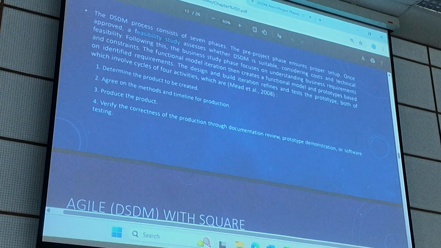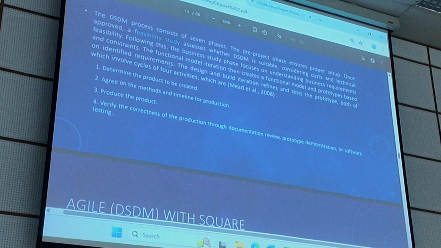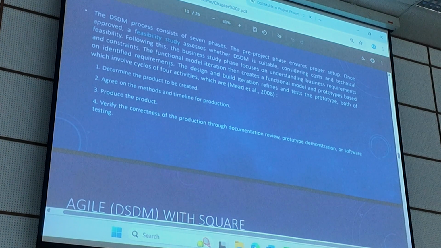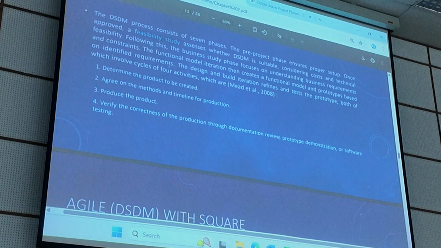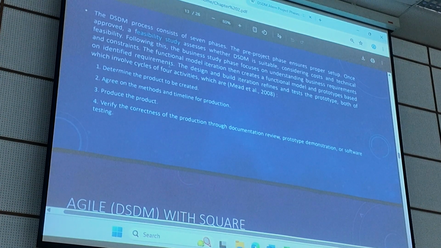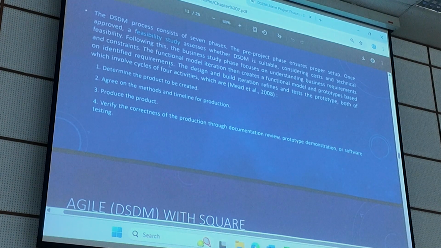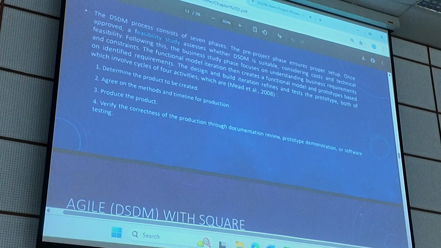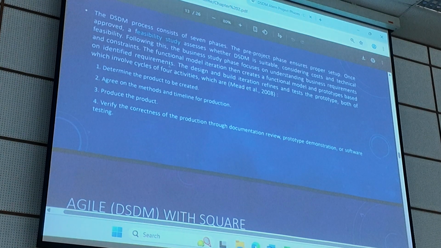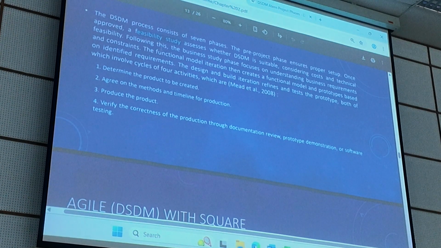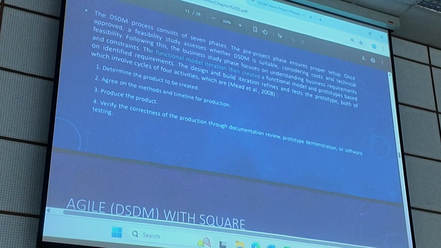After you understand the business, you start the iteration, which is the functional model iteration. You start to create the diagrams reflecting what the business needs and what functions are required, and so on, because it's called the functional model iteration. Understand?